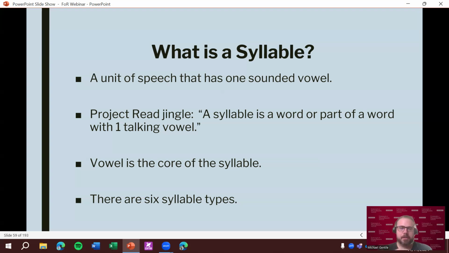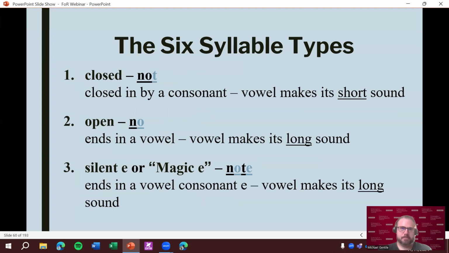So we often teach what's called chin tapping, where we have students put their hand under their chin, and you'll notice that as you say every syllable, your chin has to move to open your mouth to make the vowel sound. So students who are struggling with phonological awareness at the syllable level will touch their chin, and when they speak the words, they can count how many times their chin moves down. So that's what a syllable is.